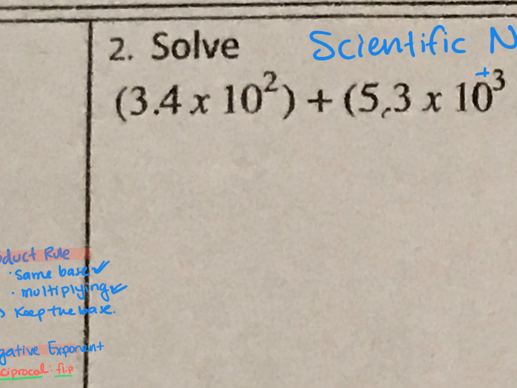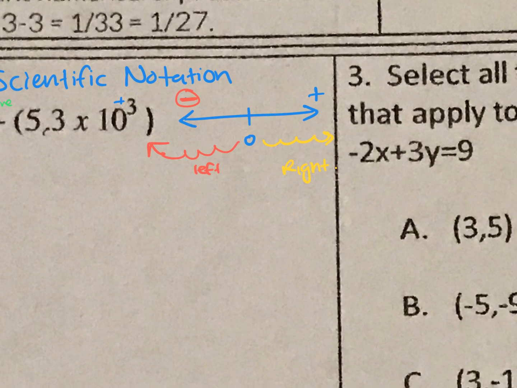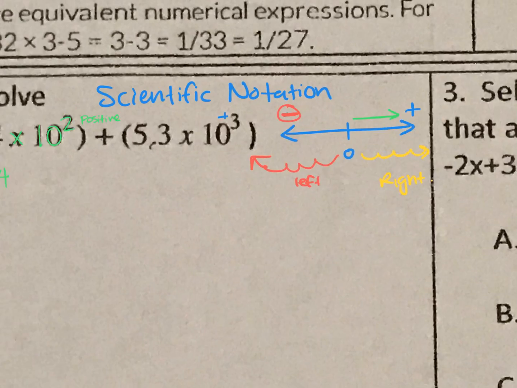Okay? So now, let's look at this exponent. You have this number, so what you do is you write down your number, 3.4, right, times 10 to the 2. So that means that you're going to move 2 place values, and because it's a positive exponent, which way is positive? To the right.